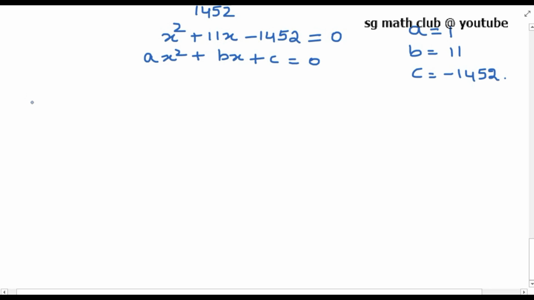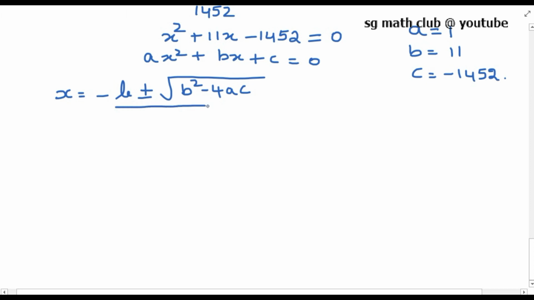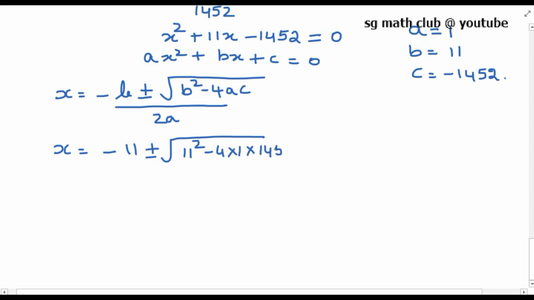Now we need to solve this. So x is equal to minus b plus or minus square root of b square minus 4ac, divided by 2a. x is equal to minus 11 plus or minus square root of 11 square minus 4 into 1 into minus 1452, divided by 2.